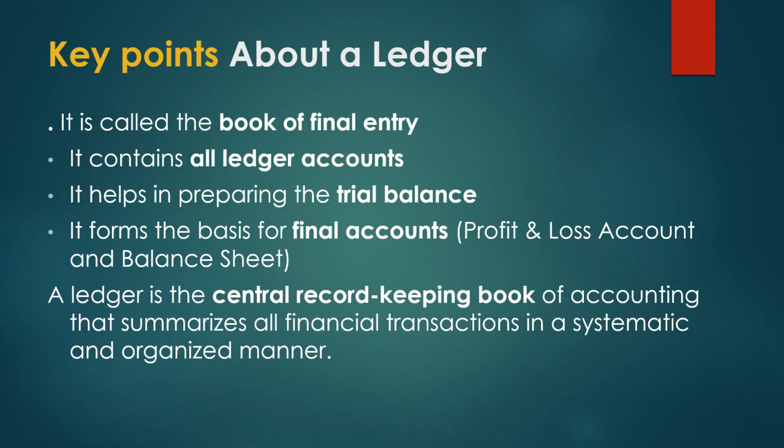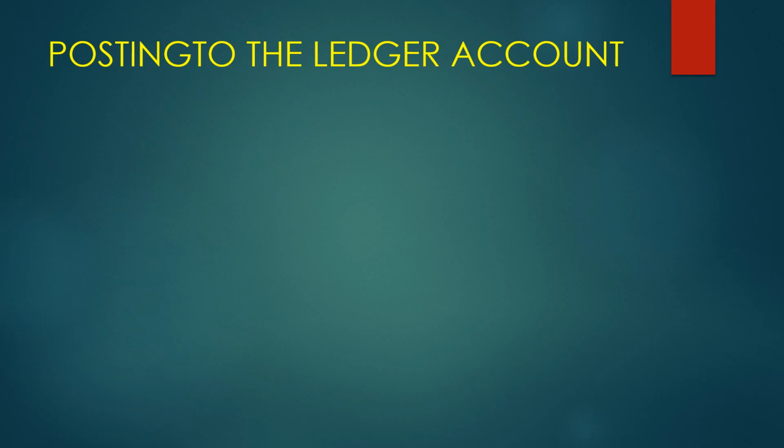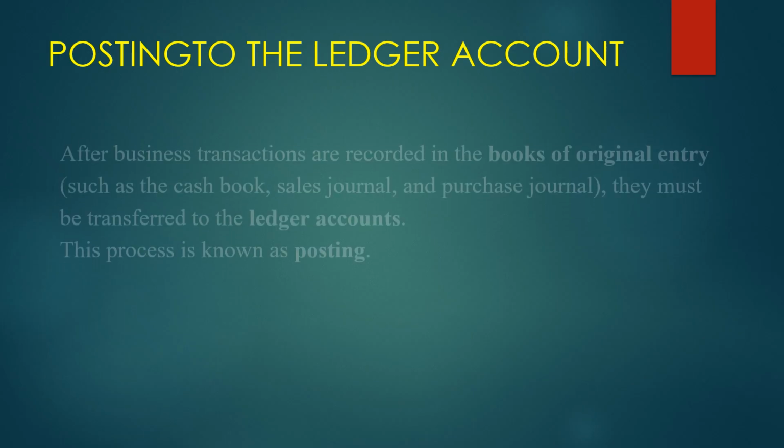Now, you need to understand that a ledger is actually the central record-keeping book of accounting that summarizes all financial transactions in a systematic and organized manner. Right? Let's now look at posting to the ledger account. We need to have this understanding as well.